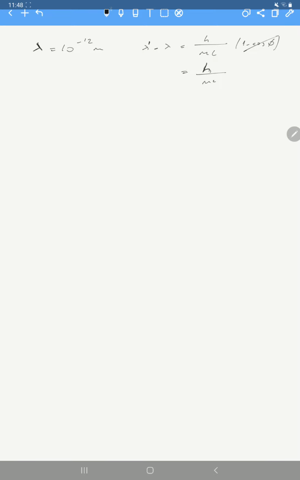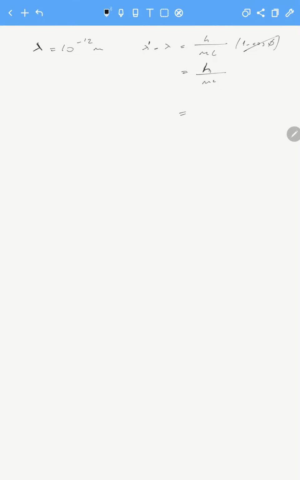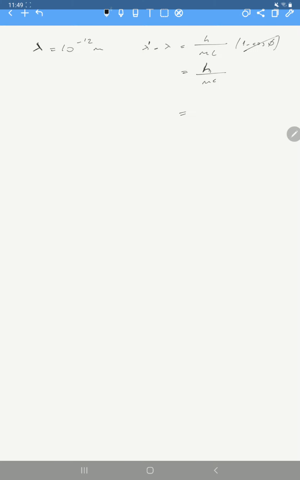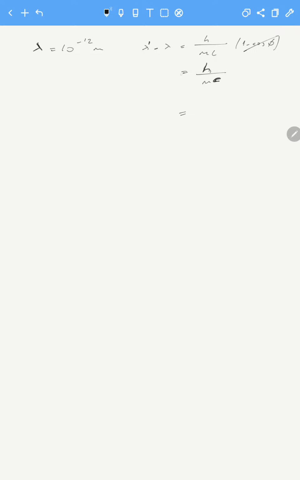After the scattering, this is what is going to happen to the wavelength, which we find to be this. Now let's go back to your front page and take all of these values from the front page to find the eventual number, and then we are going to add the wavelength that we found, and then we are going to find the wavelength after scattering.